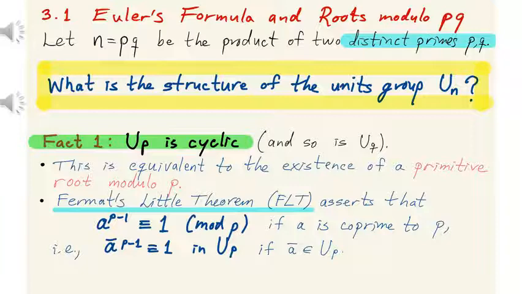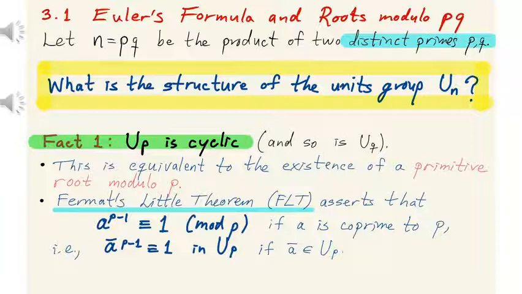In other words, a number, let's call it a, necessarily coprime to p, whose powers a squared, a cubed, all the way up to a to the p minus 1, which is congruent to 1 mod p, those p minus 1 distinct powers exhaust all of the elements of U_p.